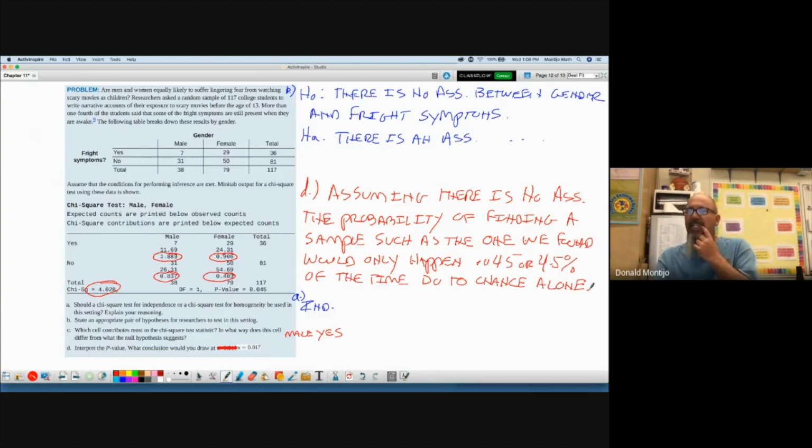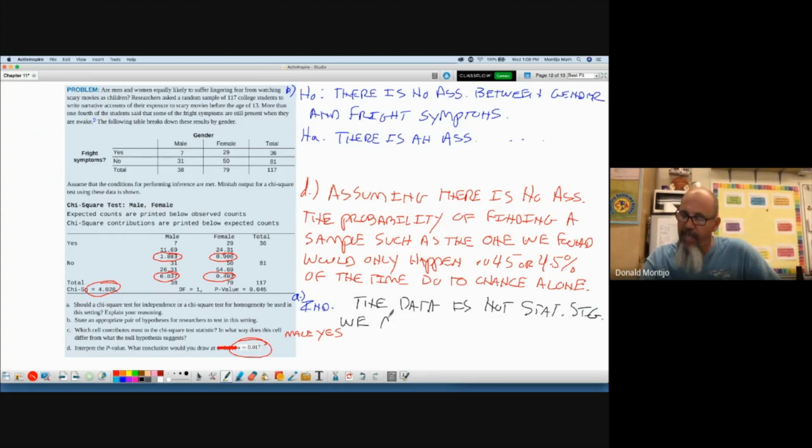Is that statistically significant? So is this 0.045 less than this stated alpha level of 0.01? No. Therefore, the data is not statistically significant.